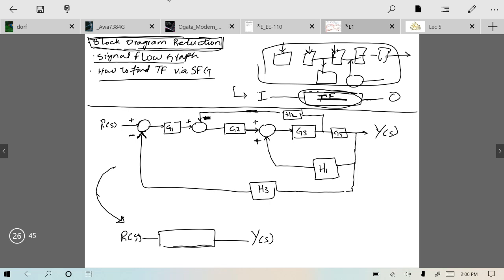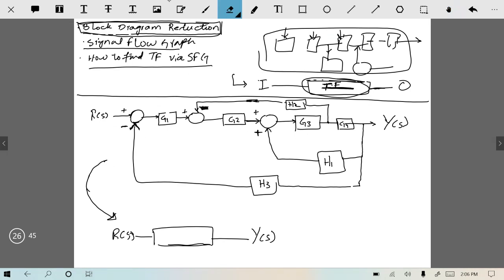However, if I move this pickoff point over here there is a summing junction, so it can make your block diagram more complicated. So what if I move this pickoff point from here to here? Okay, let's try this.